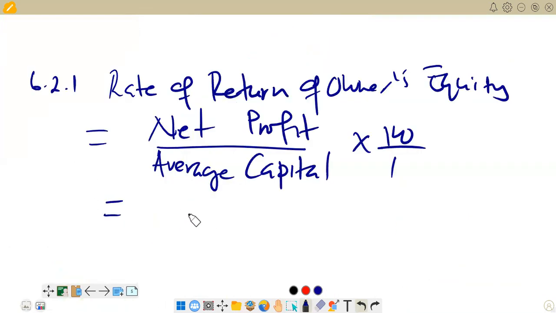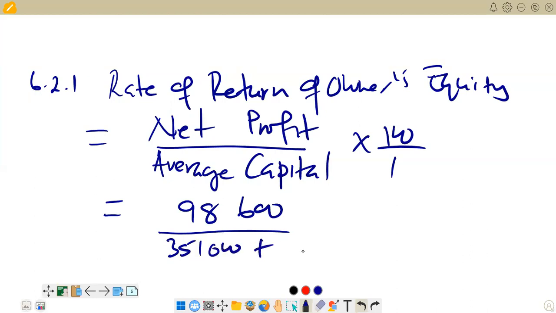So we are now here, we are saying the figure that we got for the net profit is 98,600. Then for average capital, remember we are saying the capital for the current year plus capital for the previous year divided by 2. So we are saying 351,000 then we add 342,000.